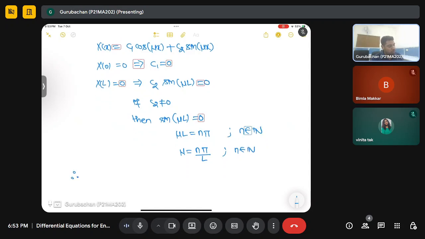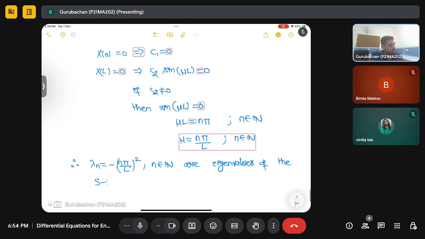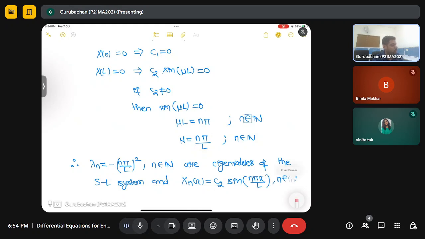So from here you can say lambda n equals minus (n pi by L) square, for any natural number n. As n is varying, these are the eigenvalues of the SL system, and X n of x will be equal to C2, since C2 is non-zero, sin n pi x by L, and this C2 will depend on n also.